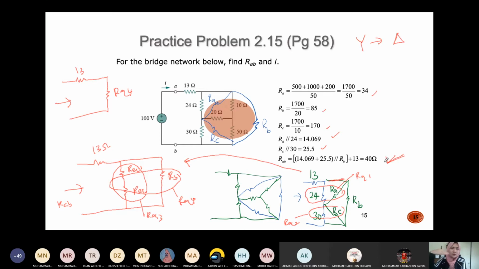Okay, first find R equivalent 1, then R equivalent 2, R equivalent 3, and last one, then only you can calculate for the R equivalent or the RAB. Okay, to avoid careless mistake, if you do it directly like this. Okay, so any question?